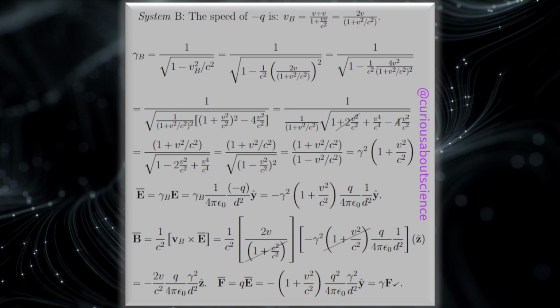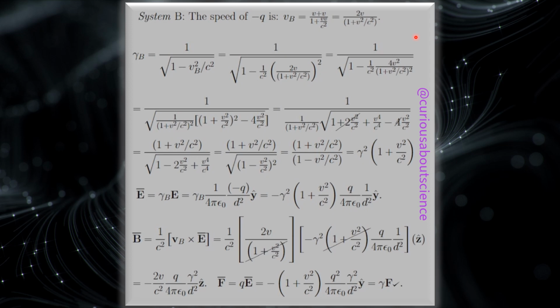For system B, the speed of negative q is v_B, and we have to use the Einstein velocity rule again here. So we get 2v up in the numerator, and we have 1 plus v squared over c squared. Remember, we're holding positive q at rest, so the frame has to move opposite of that, and that moves in the direction of v_B, so we like that.